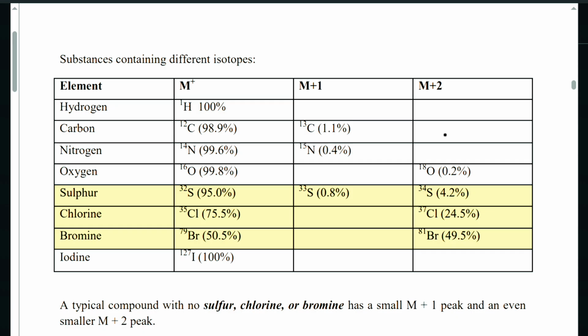Now looking at what we highlighted here, the ratio of sulfur and its isotope is just like this. We're going to come into that in further explanation below. But it is important to note that chlorine does not have M plus 1. If you look at the percentage abundance of its M plus and M plus 2, it is like 3 to 1. So just know it, 3 to 1.